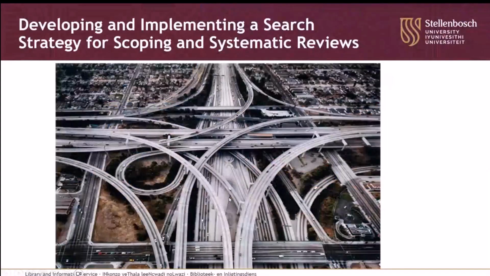There we go. Okay, so how do you go about developing and implementing a search strategy for a scoping or systematic review? Now, if you can see from the picture, for some people, it makes sense because they know where they're going. If they take a certain route or path, they know they'll end up safely at their destination.